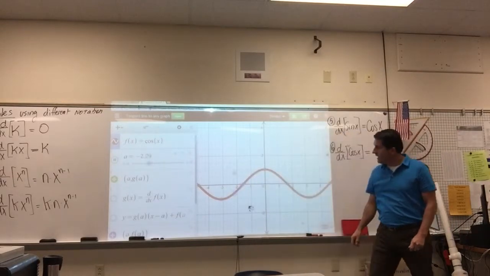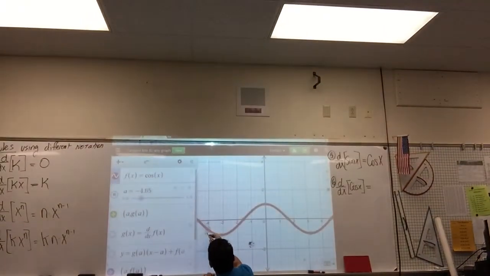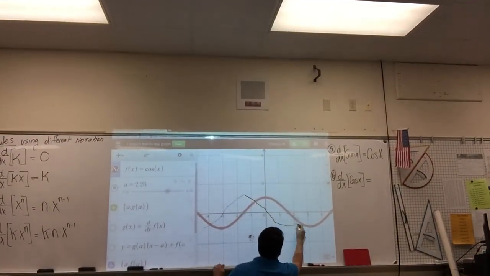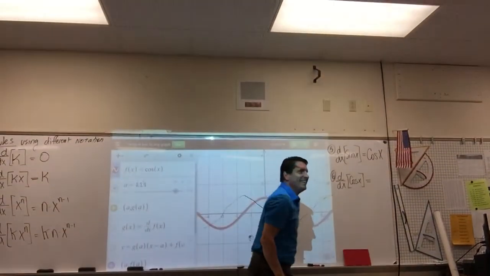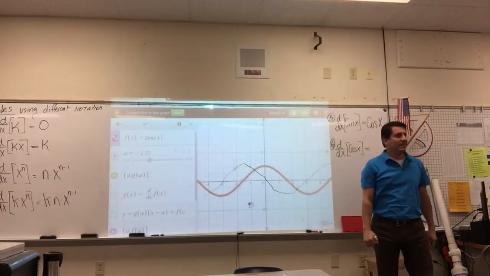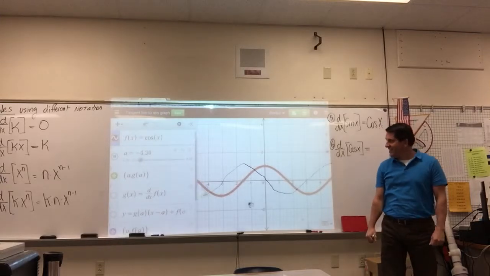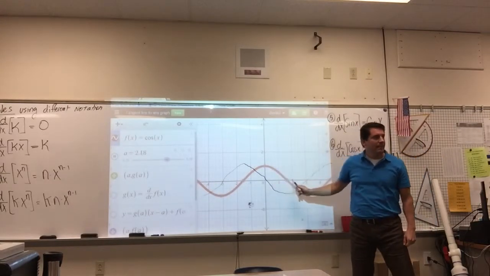If I could connect the dots, I actually try to do that. There. Is that the sine wave? Sure. Look closely. It's the negative sine of x. Because you know the sine of x goes up, not down, right off the bat.